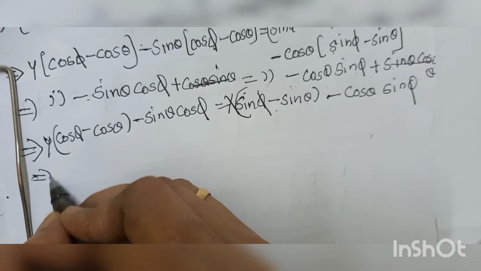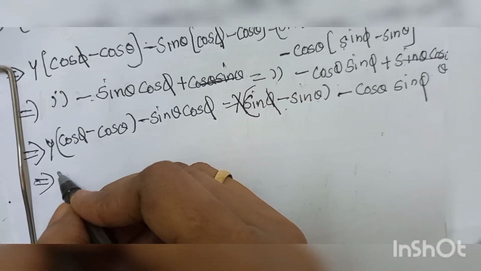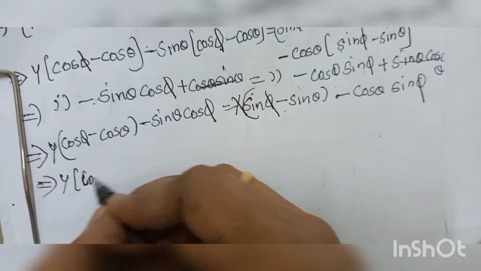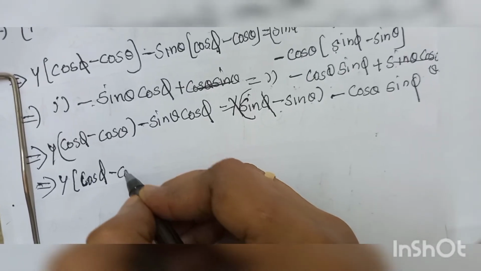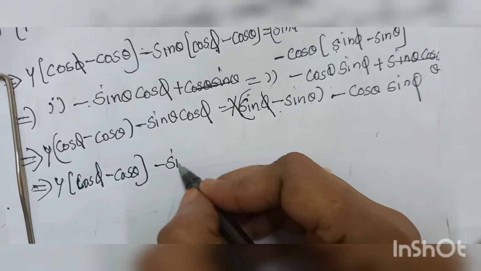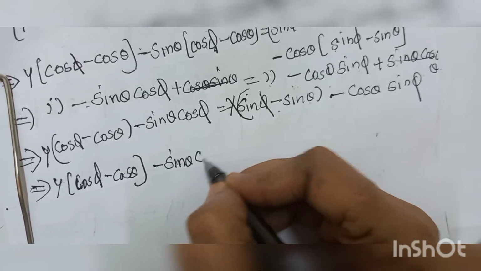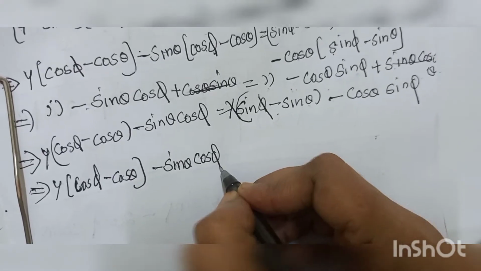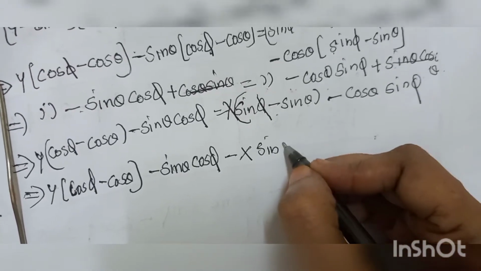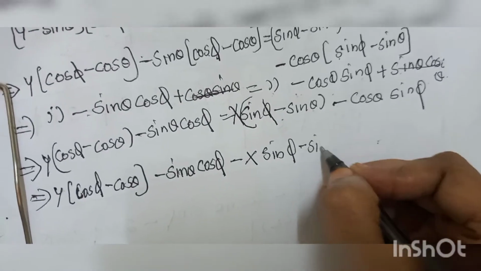Okay, next step we can write y into cos phi minus cos theta minus sin theta cos theta cos phi minus x sin phi minus sin theta.